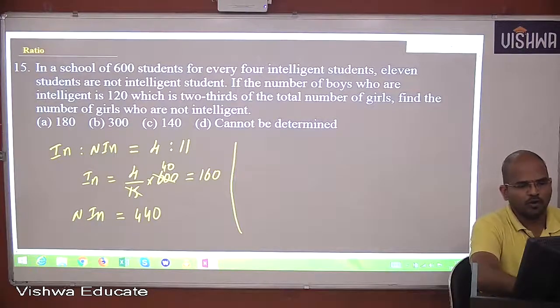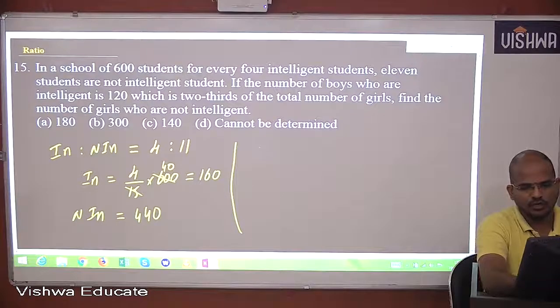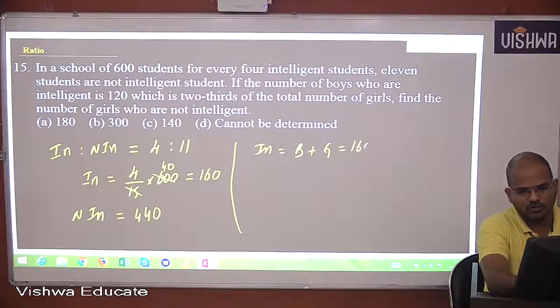If the number of boys who are intelligent is 120, so intelligent has boys plus girls, that is 160. So 120 boys are intelligent.